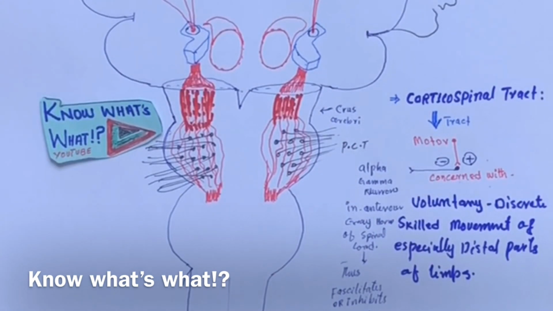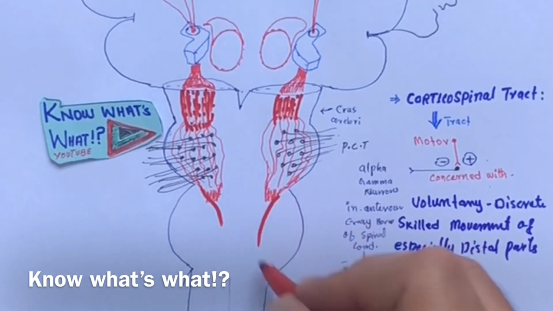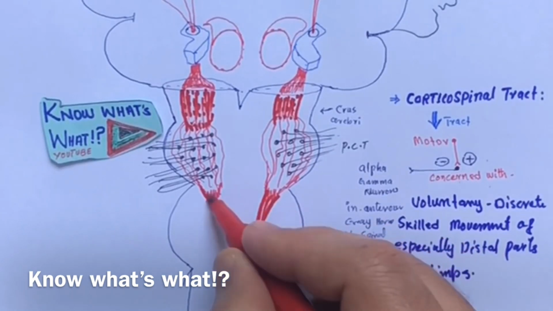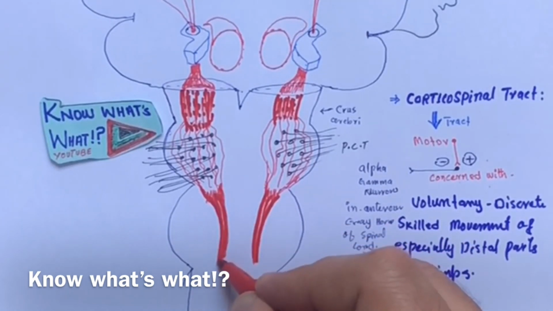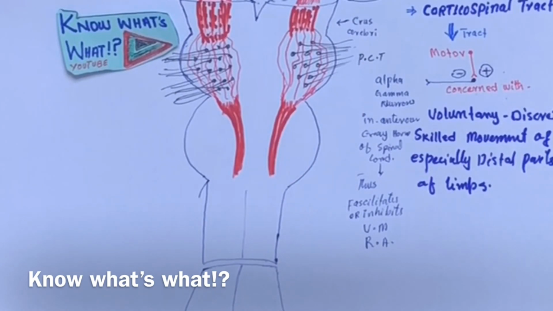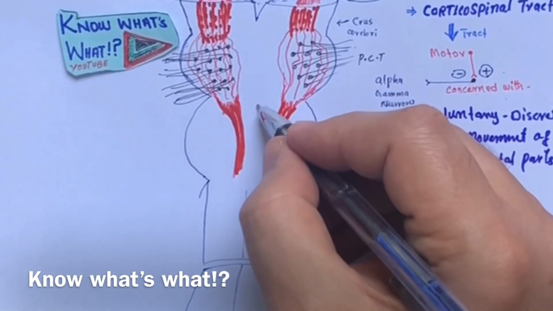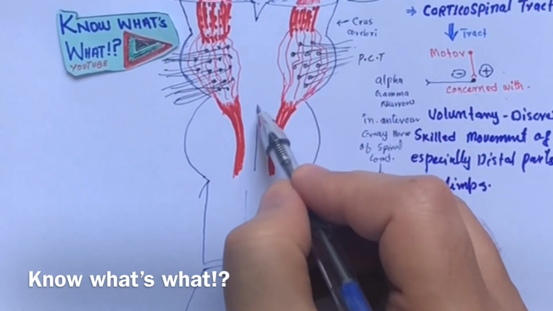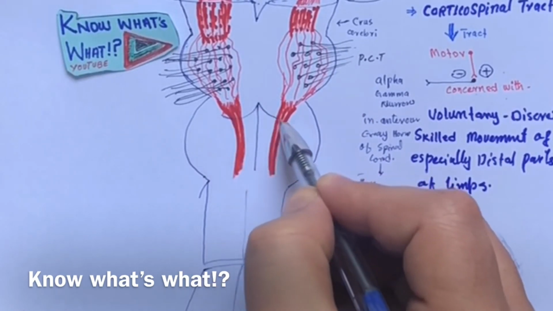This bundle will pass through the medulla. When they pass as a big bundle, they make a swelling in the medulla, which is called the pyramids.